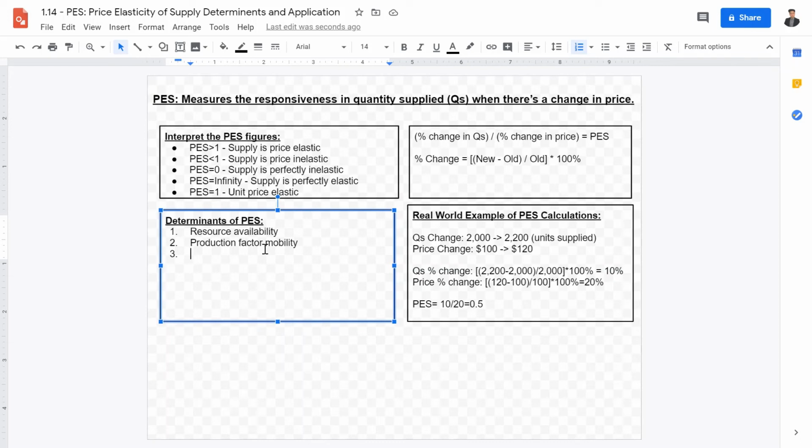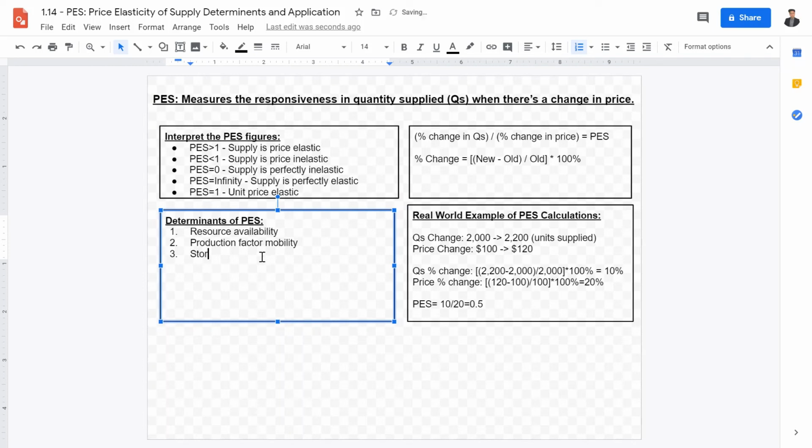However, the assembly line for clothes, like a sweater and a t-shirt, is relatively similar. The machinery is the same, the training is relatively similar. The only thing that needs to change is basically the input, output, and designs. So production factor mobility says how easy it is for firms to change production from one good to another.